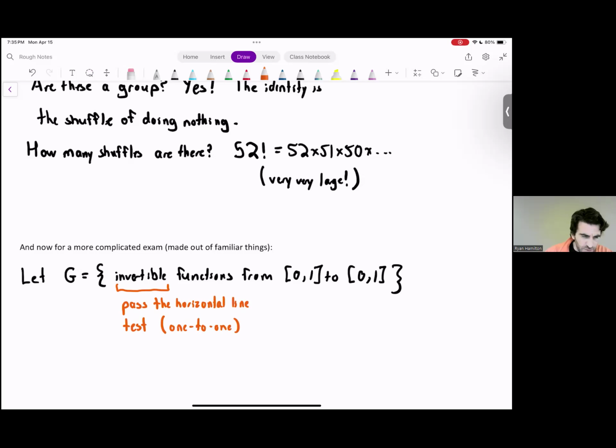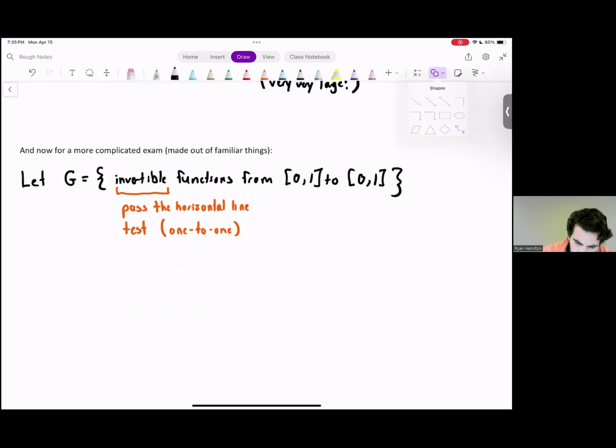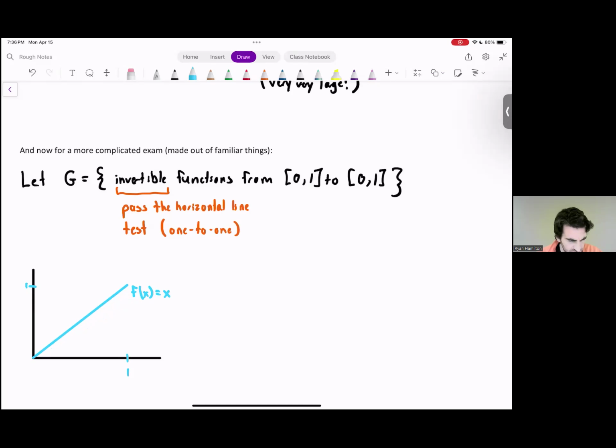Okay, but let's draw a picture of what these things look like. So I could have this one right here. This is a perfectly good function. It's the line y equals x. That is an invertible function that lives on 0, 1 and goes into 0, 1. We could have 1 minus x.